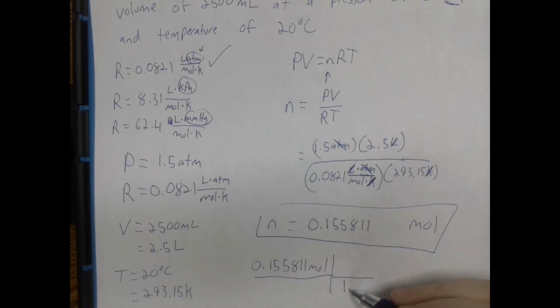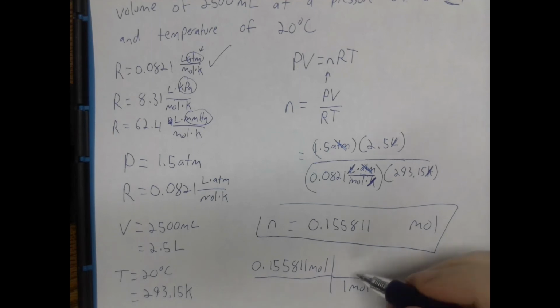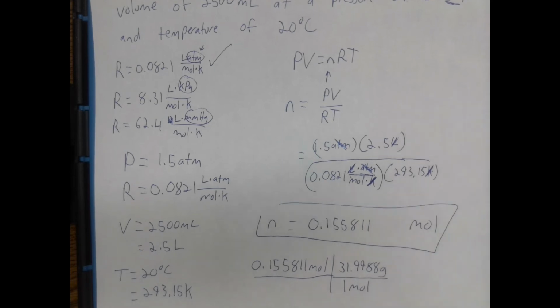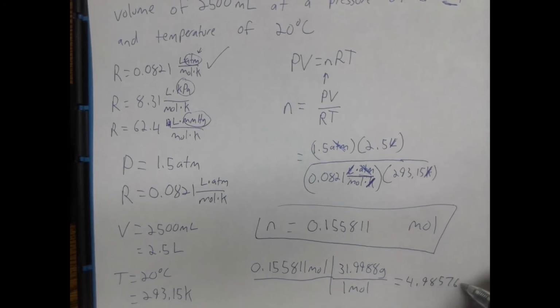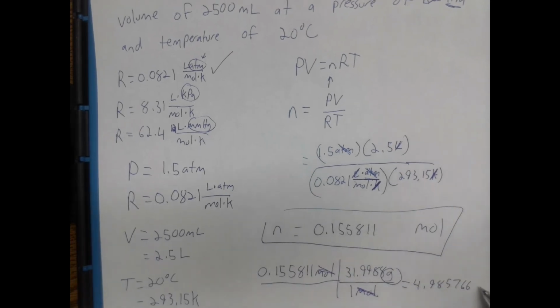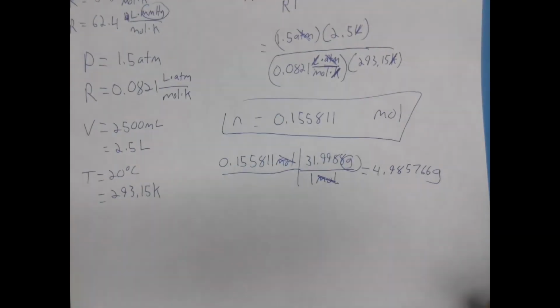We know that 1 mole of O2 is equal to 31.9988 grams. That's 4.985766. Moles cancel out. Our only unit is grams. So almost 5 grams.